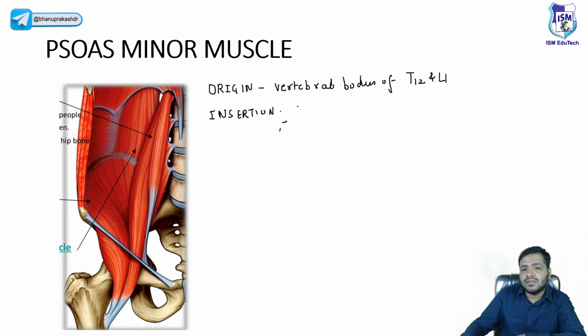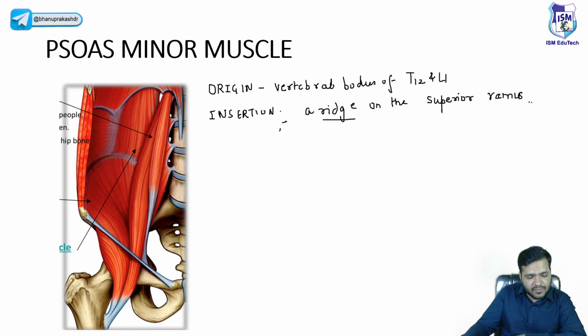It attaches to a ridge on the superior ramus. Quickly tell me what ramus means in the chat box. Superior ramus of the pubic bone, and it is called the pectineal line.